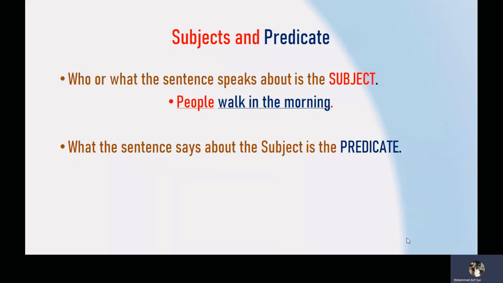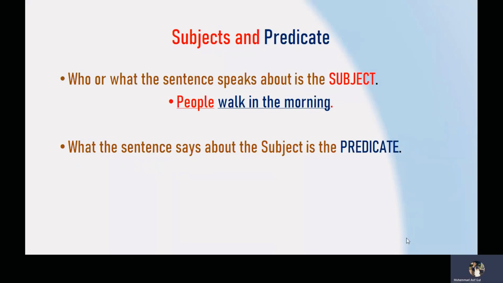As you see, people walk in the morning. So who does the sentence speak about? The sentence speaks about the people. So people is the subject of this sentence, and what the sentence says about the subject is the predicate.